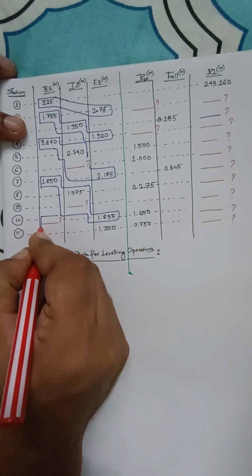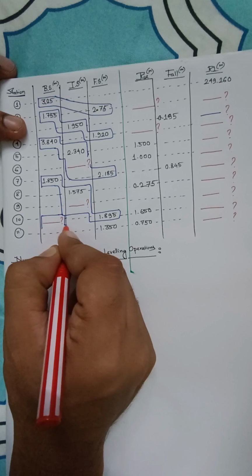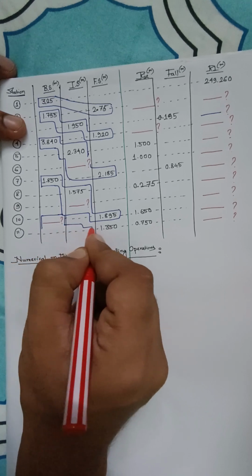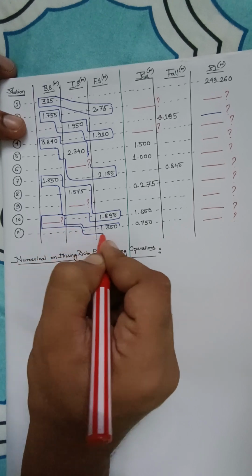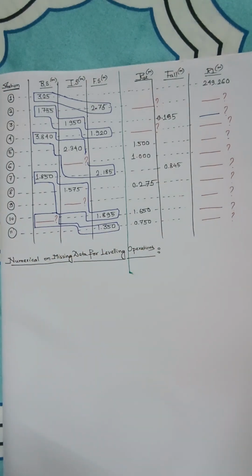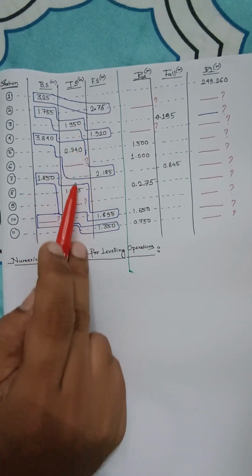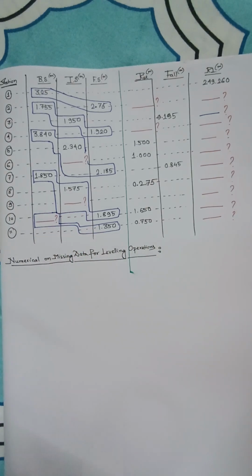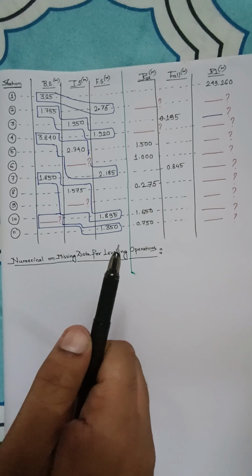It starts from a backsight, it will go like this, and it will end somewhere over here. So I think we are now done with the setups. There are 1 setup, 2 setup, 3 setup, 4 setup, and 5 setup. That means the instrument has been shifted 5 different times for recording this entire set of data.